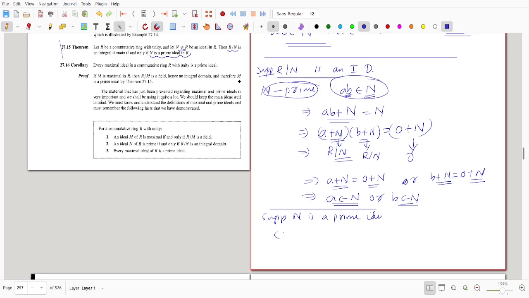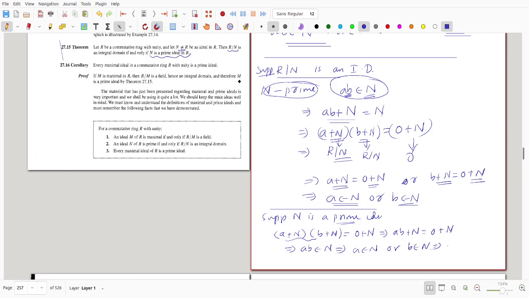In order to prove it is an integral domain, we have to prove that it has no zero divisors. So we multiply two elements to get 0 plus N. We need to show that one of them is 0, which implies AB plus N equals 0 plus N, because the product is AB. That implies AB is a member of N. As N is a prime ideal, one of them is a member of N. Either A belongs to N or B belongs to N.